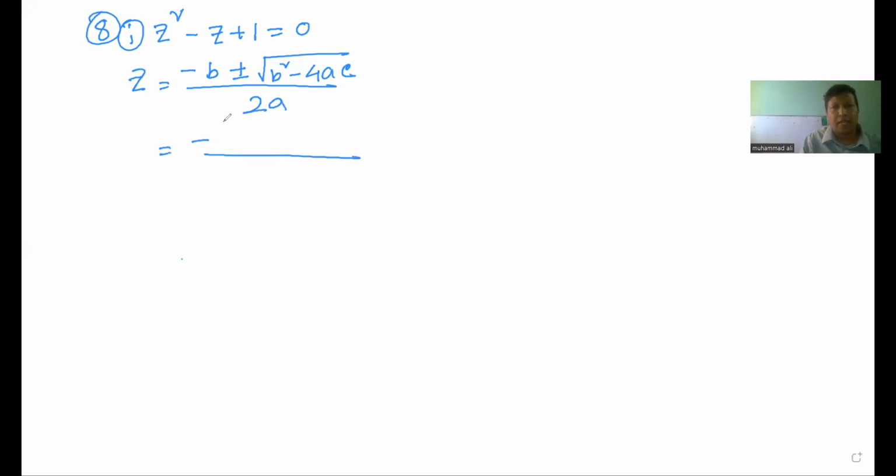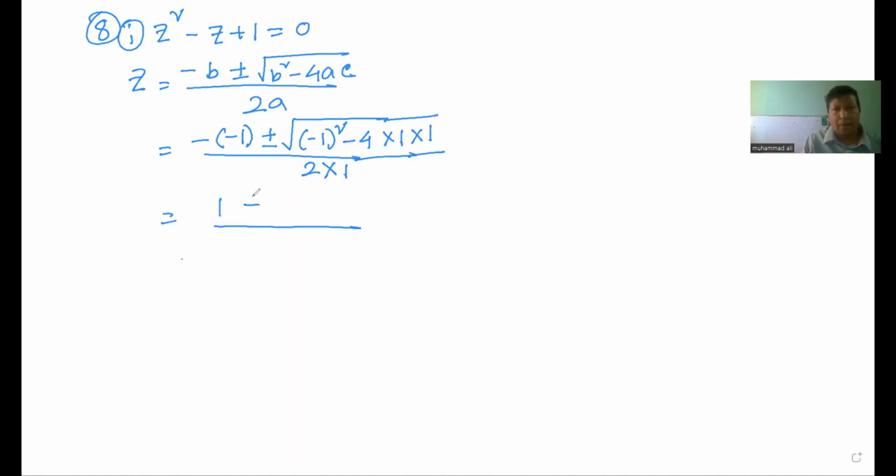The coefficient of z is minus 1, so minus b is 1, plus or minus root over minus 1 whole squared minus 4 into a, where a is 1, the z squared coefficient, and c is also 1, divided by 2 into 1. So we get 1 plus or minus root over 1 minus 4, by 2.